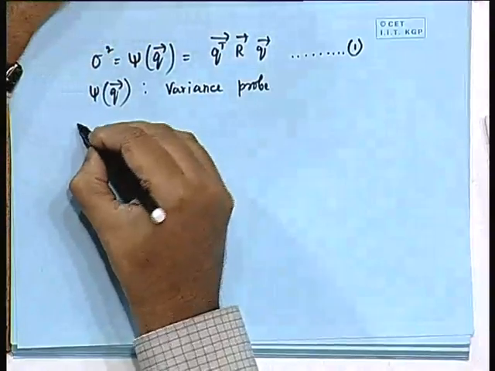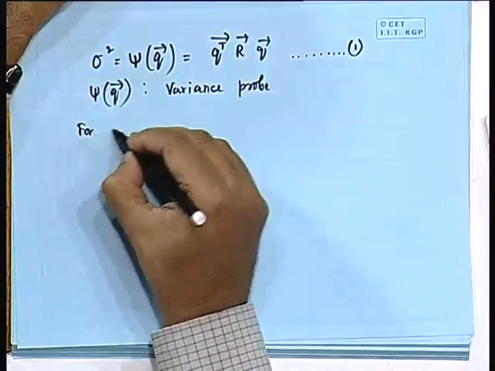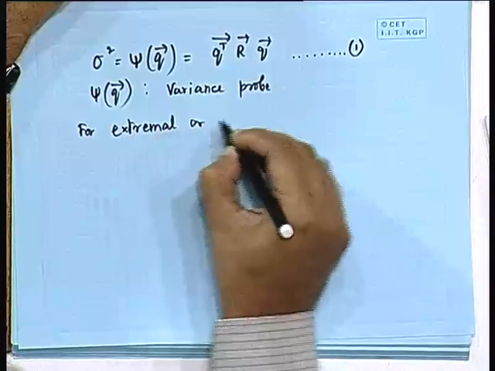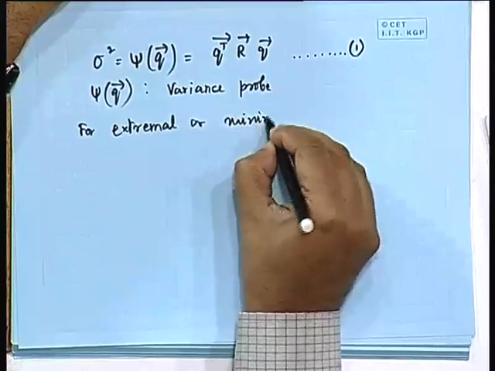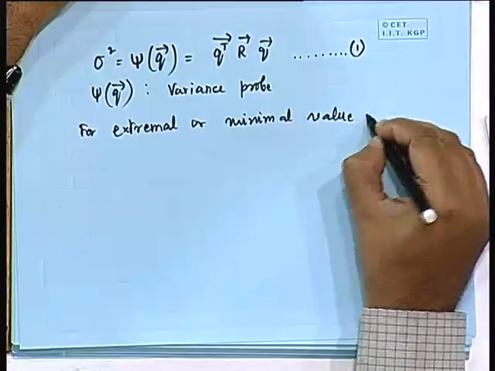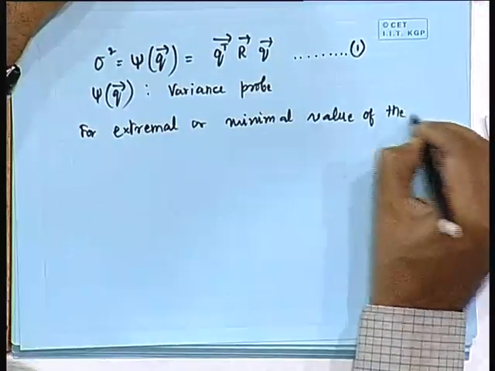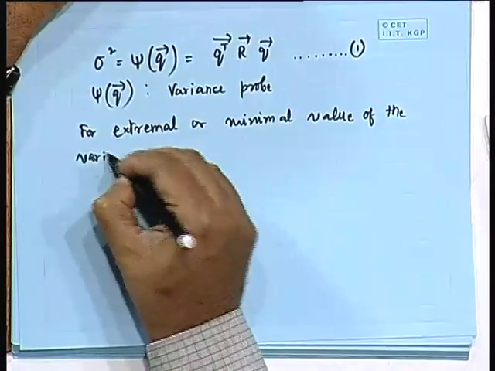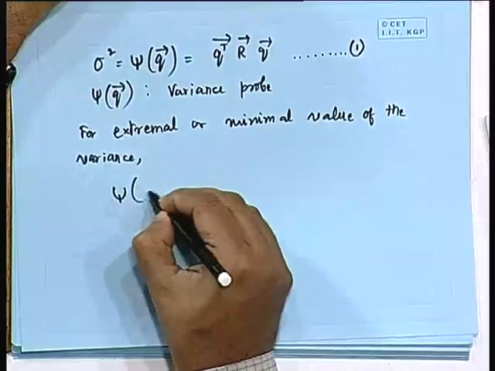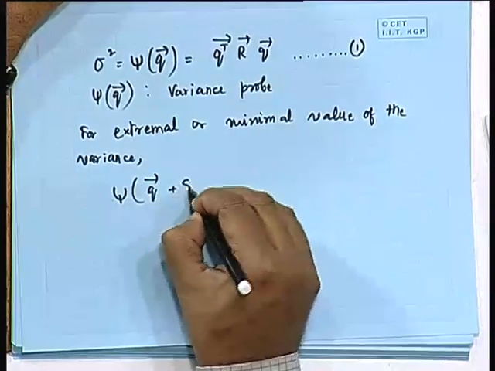So, for extremal, or in this case minimal values of the variance, what we should have is psi of Q plus delta Q.